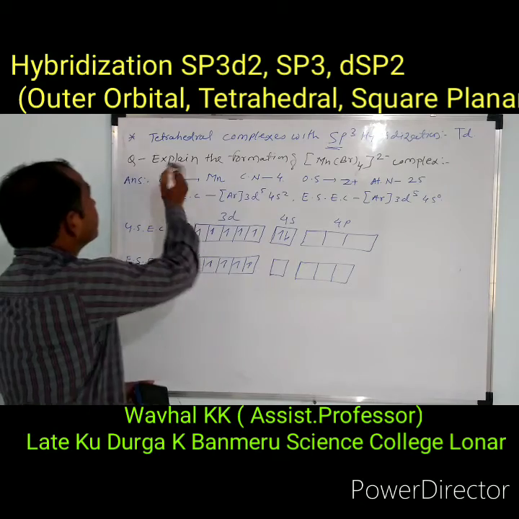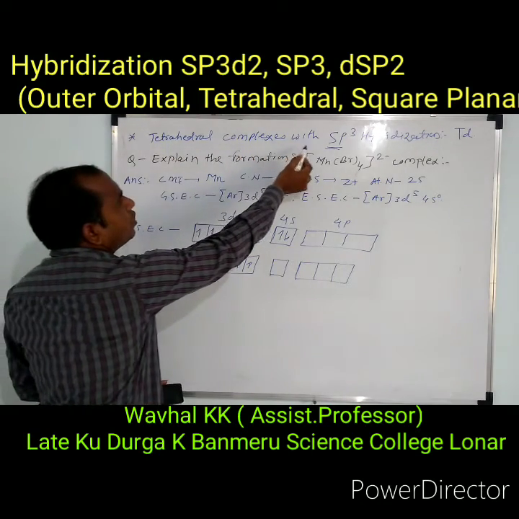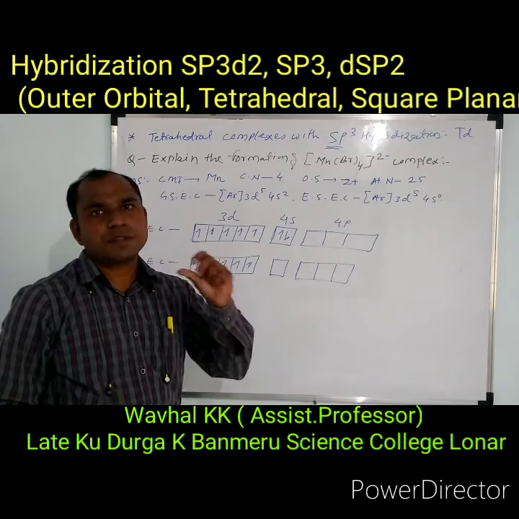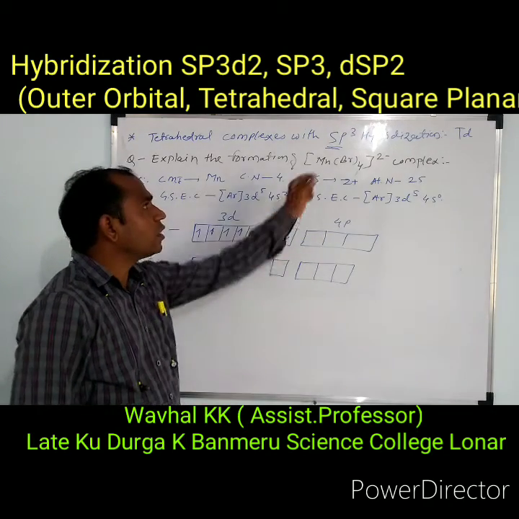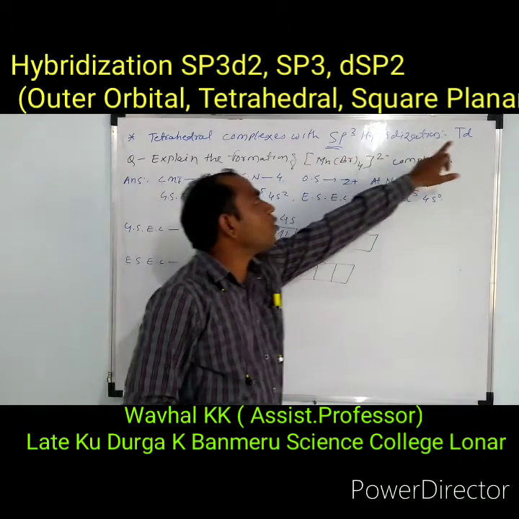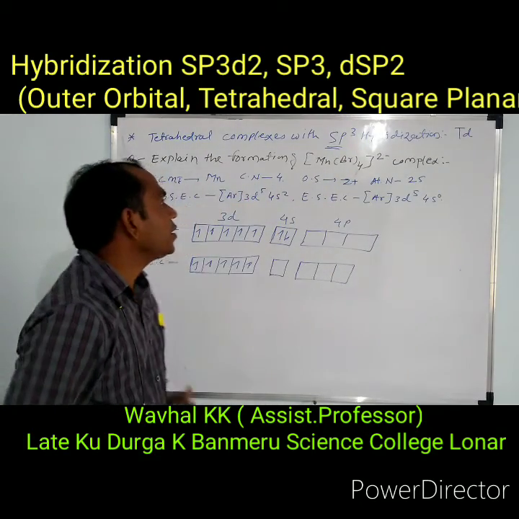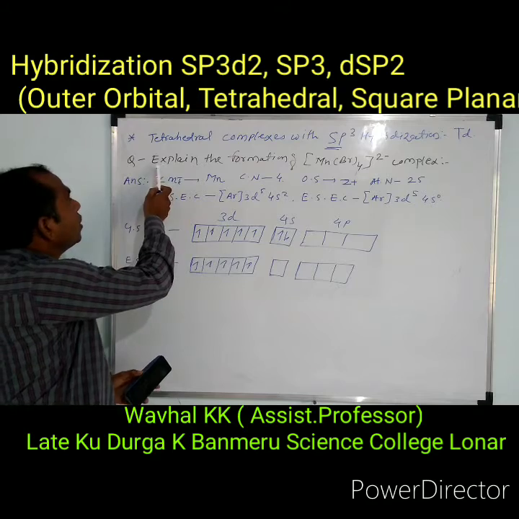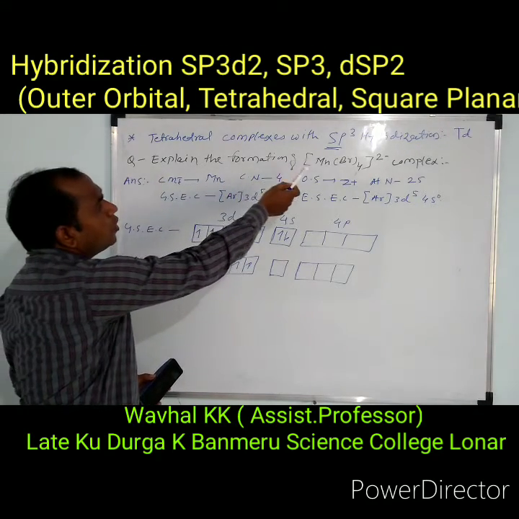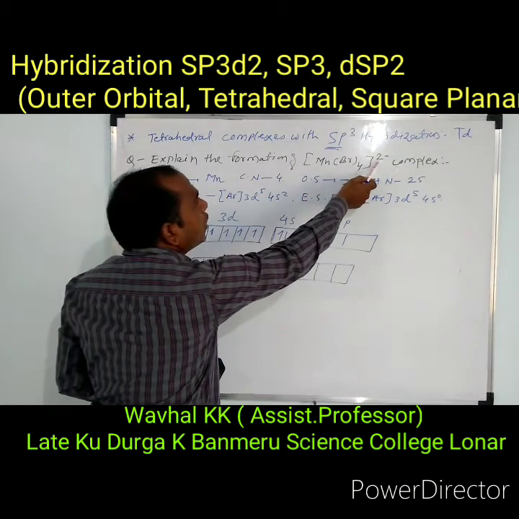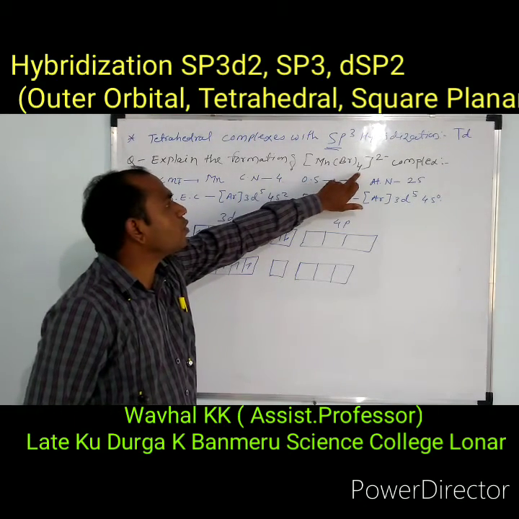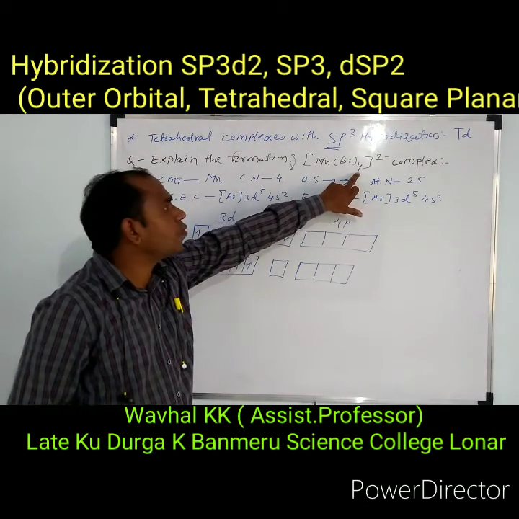See here the next, tetrahedral complexes with sp3 hybridization, or all the examples of sp3 hybridization having coordination number 4. The geometry of the complexes is tetrahedral. A question may be asked in the examination: explain the formation of the [MnBr4]2- complex. In this complex, the coordination number is 4.